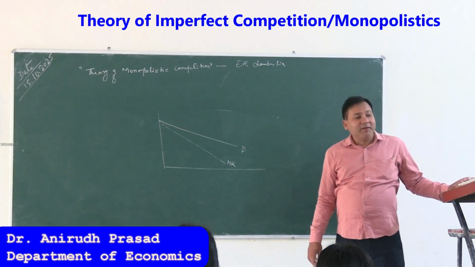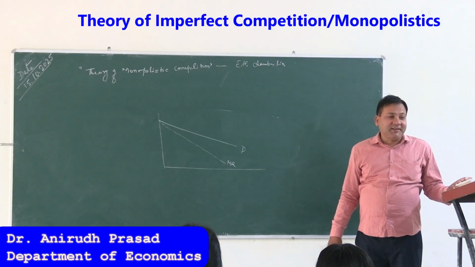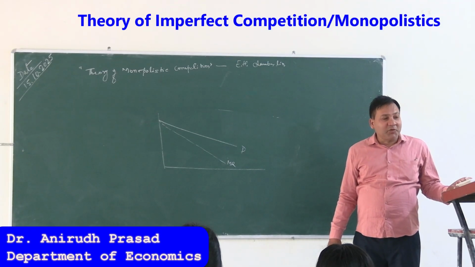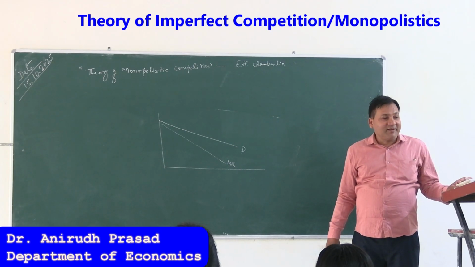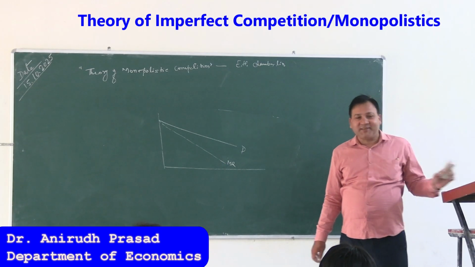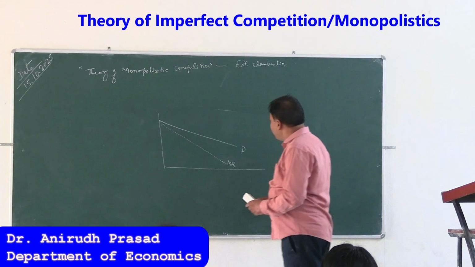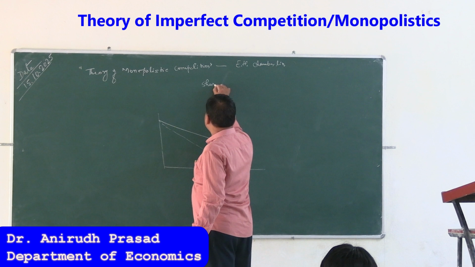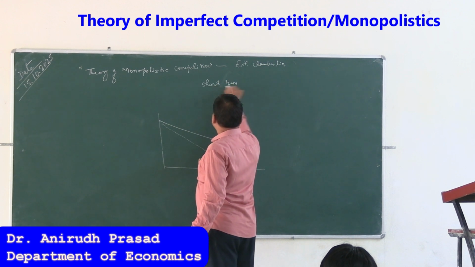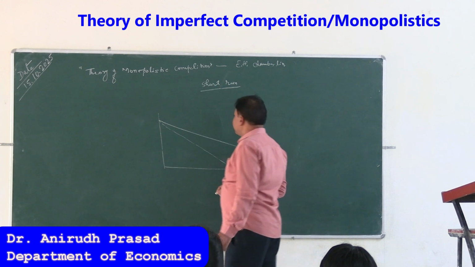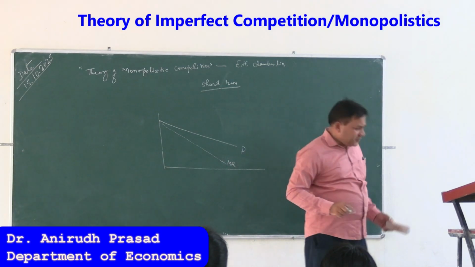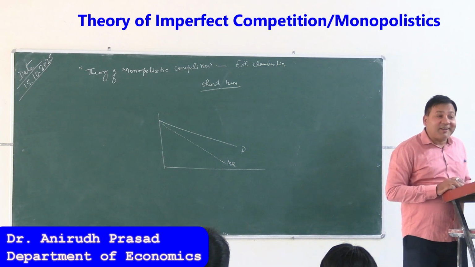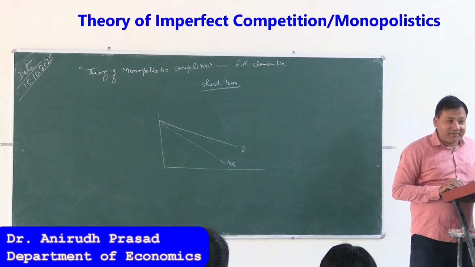Separately we will discuss how prices and output are decided in the short run and long run under monopolistic competition. First of all, we will discuss the short run. We need to differentiate between short run and long run. What is short run and long run?